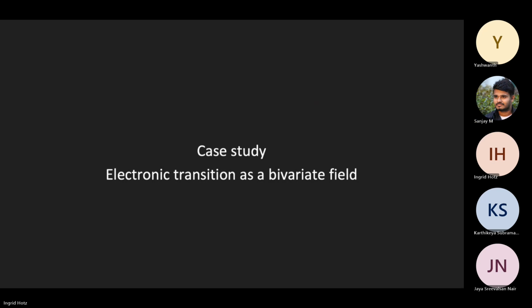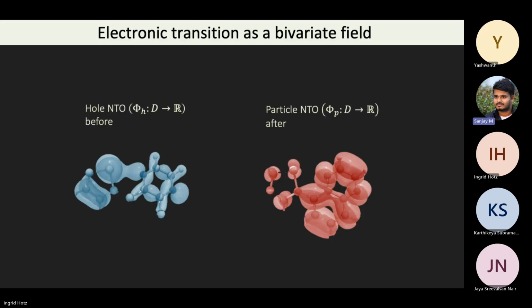Here, a case study for a multivariate field. This is an application that we have been working with a lot over the last years. This is the interaction of the electronic density, the interaction of a molecule with light.